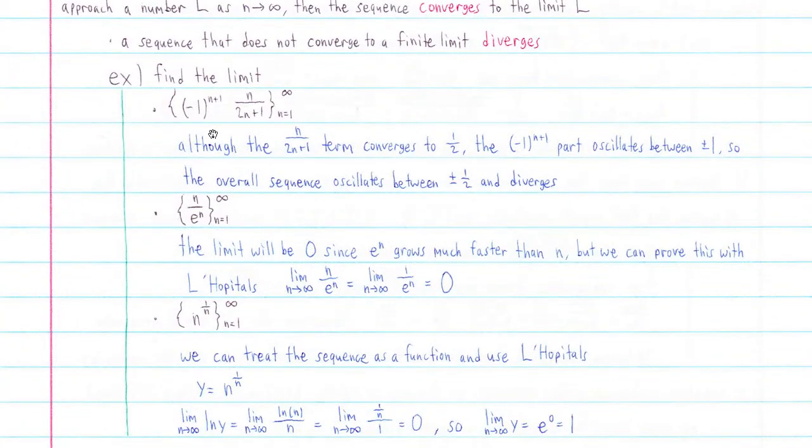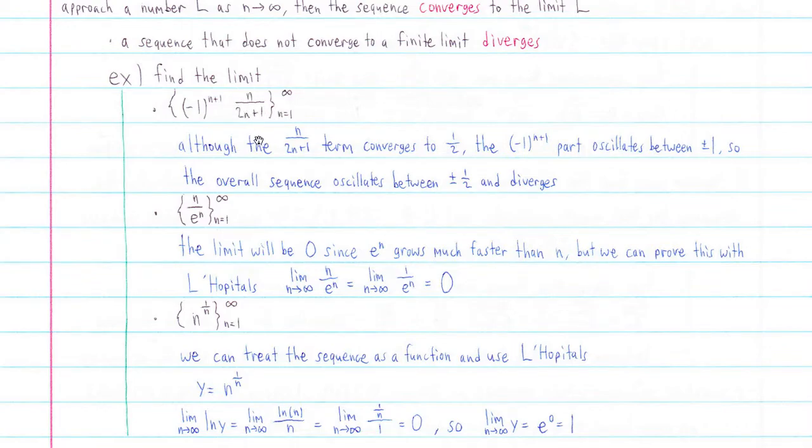So let's look at some examples. If we have this sequence, you can see that since we have this -1 to the n plus 1 power, each time we plug in a different value of n, it will keep oscillating between negative and positive 1. So the terms in this sequence will keep switching back and forth between negative and positive. Even though this part right here, n over 2n plus 1, converges to 1/2, since if we take the limit of this expression as n approaches infinity, we get 1 over 2.